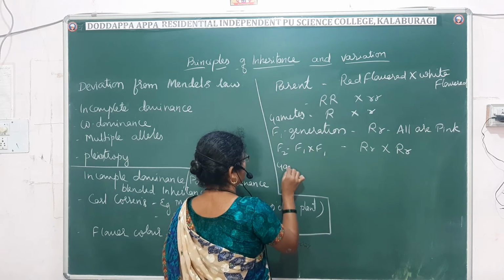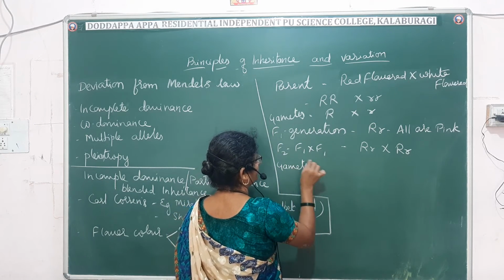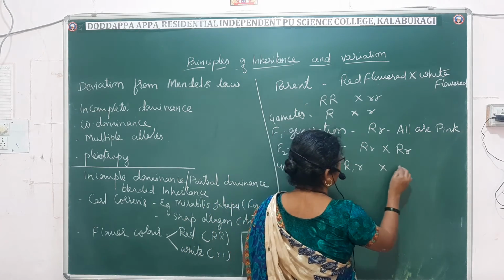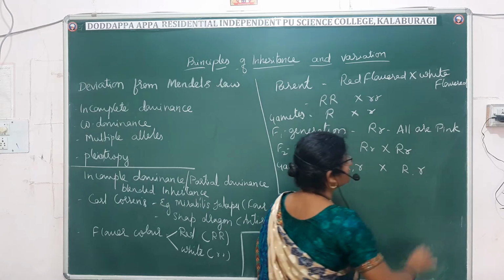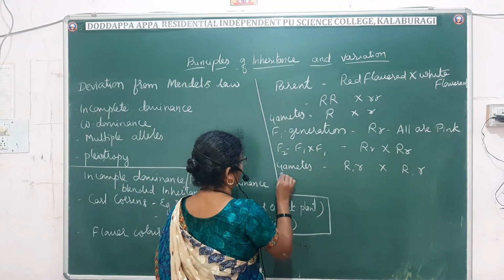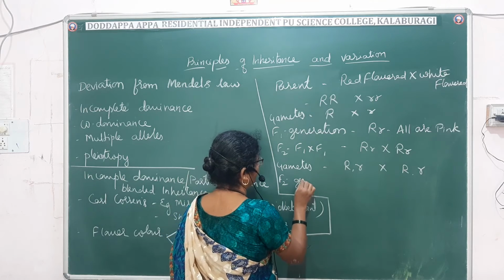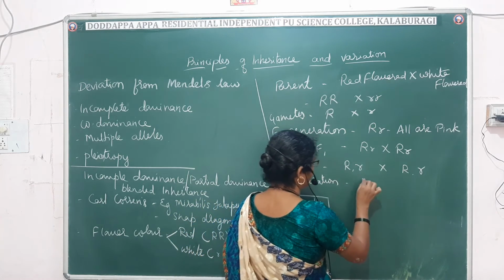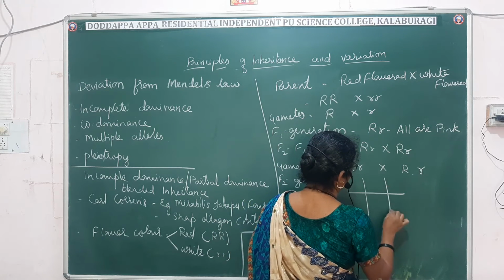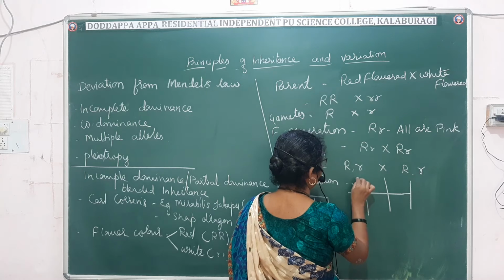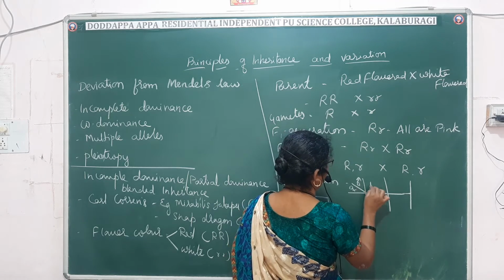So gametes. As they are heterozygous, these plants will give two kinds of gametes. And the F2 generation, let me write. Let us draw the Punnett square just to avoid confusion. One side male, one side female.